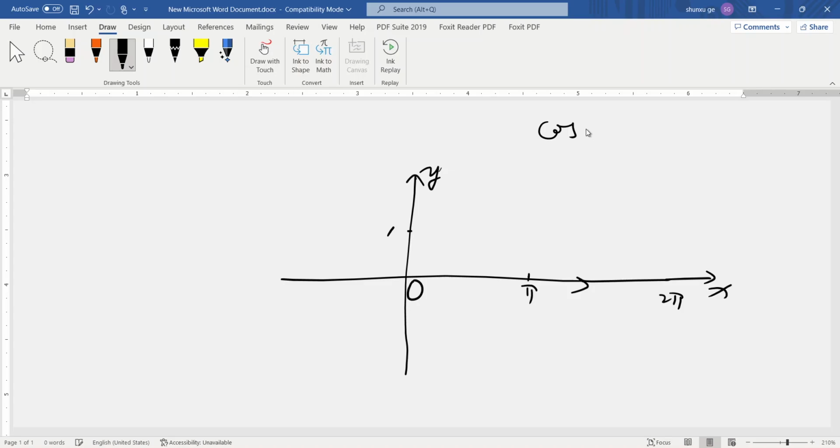So cosine 0 equals 1. Here 1 over 2 pi, cosine pi over 2 is here, is 0.